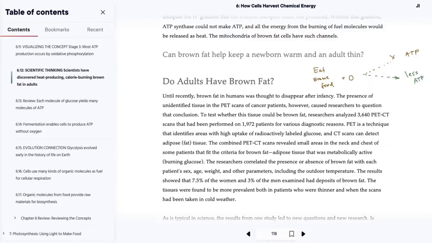Right? In other words, what we basically are doing is making it a mechanism that's less efficient relative to what we normally have in the rest of our cells. Brown fat cells basically have faulty mitochondria. Okay? We discussed earlier how mitochondria are the sites of ATP production.